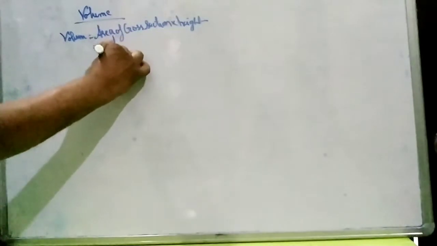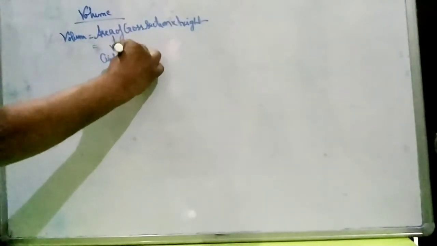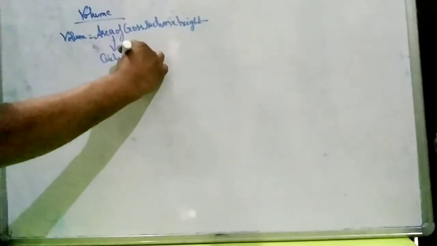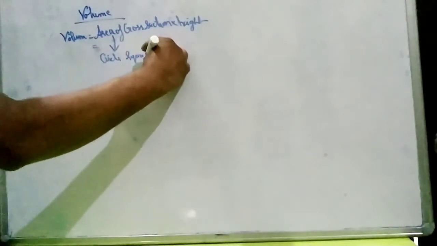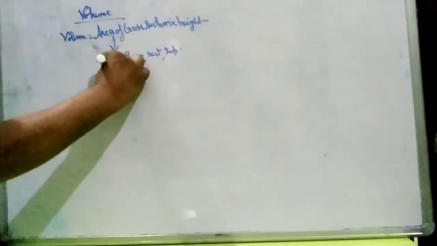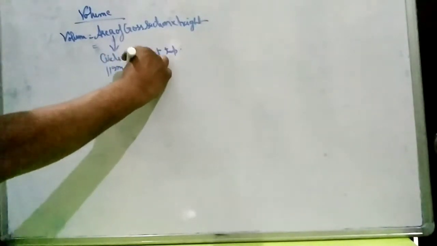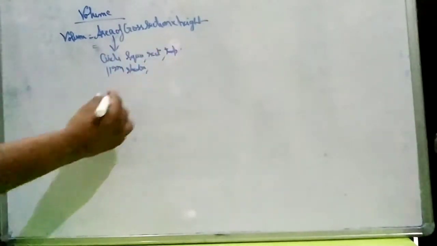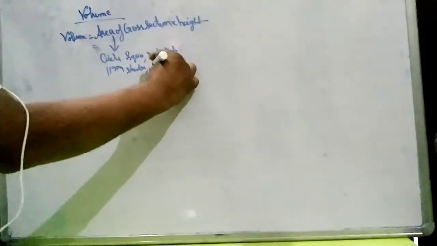Now, the area of cross section can be of any type. It can be in the form of a circle, square, rectangle, trapezium, parallelogram, rhombus, etc., whose area can be calculated.